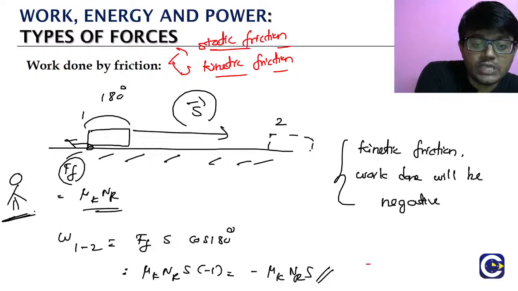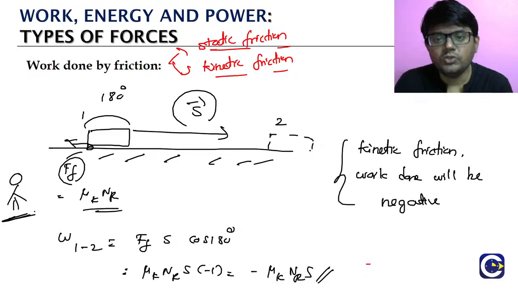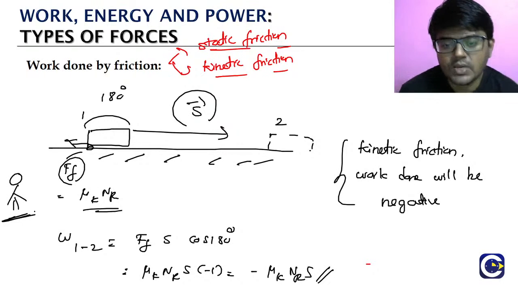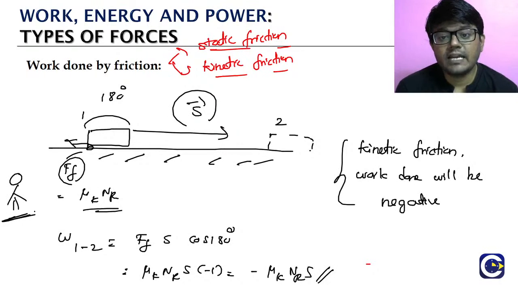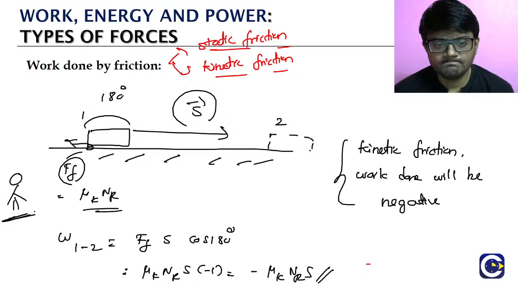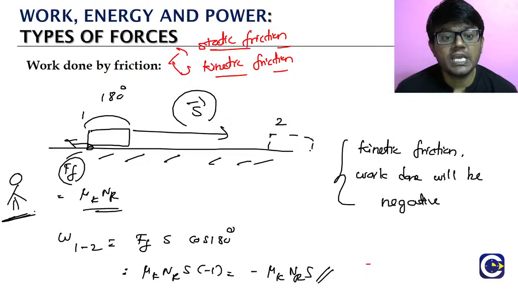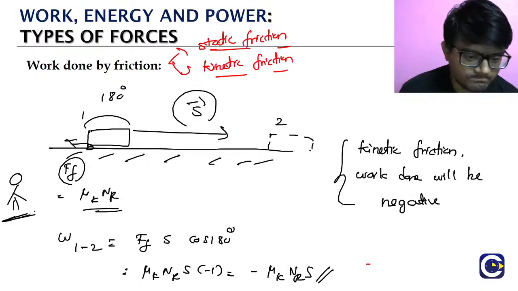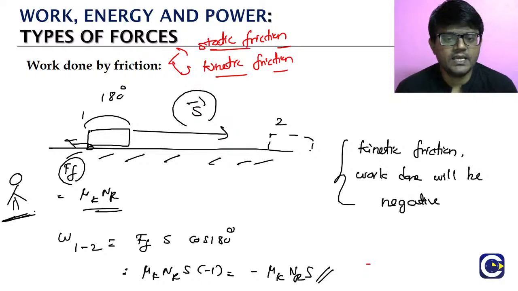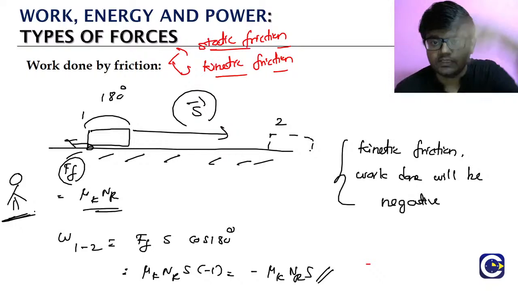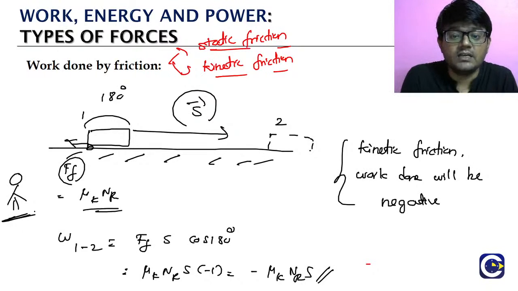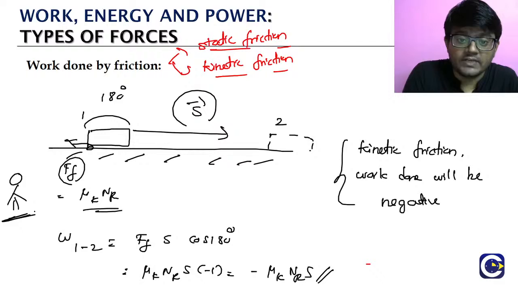But if you change the observer, you can have the work done by kinetic friction coming positive, or even zero. Generally we say work done by kinetic friction is negative, just as generally we say work done by static friction is zero. That's a general statement, but static friction can also do some work.